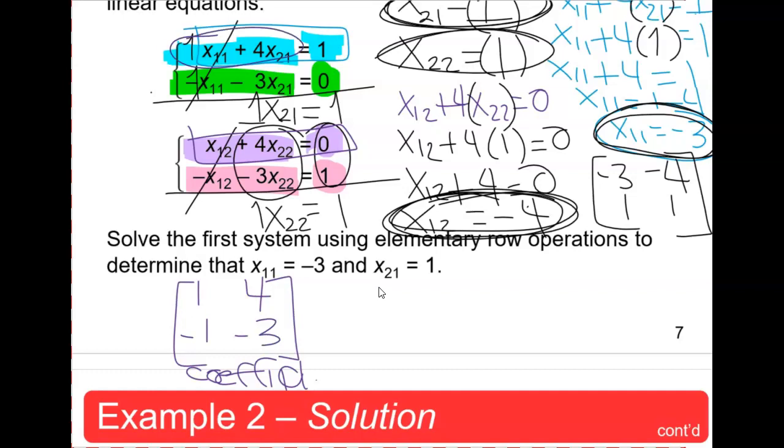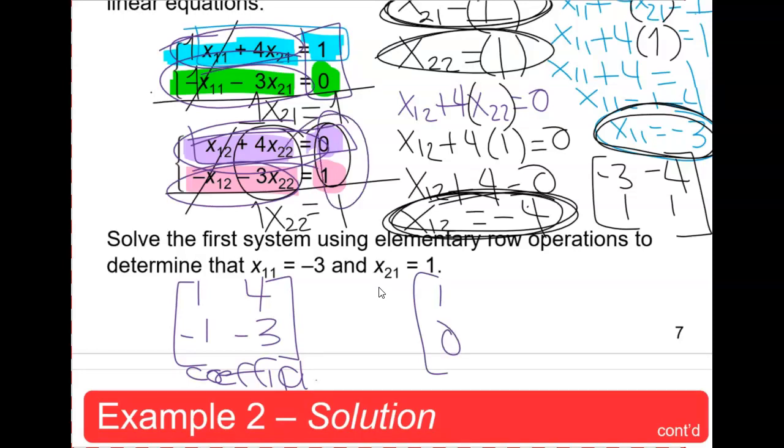And you can see that here, here, here, and here. And then we had the numbers 1, 0, and 0, 1. So if we take one at a time, that is what we were solving for. In fact, we did it twice.